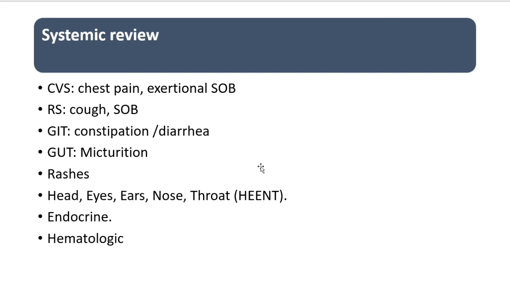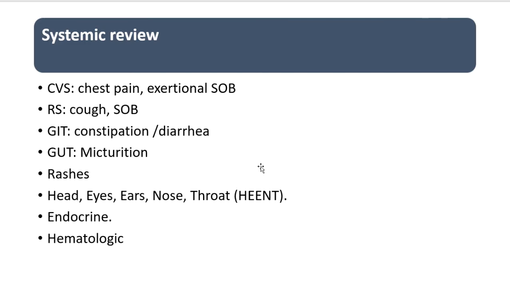Then any endocrine problems, like hypothyroidism or hyperthyroidism features. Then you have to ask about hematologic symptoms, like anemic symptoms. Anemic people might come with shortness of breath, they are very tired, they have dizziness. Those things you have to ask. Then you have to ask about psychiatric symptoms, like do you hear any sounds without any person around?